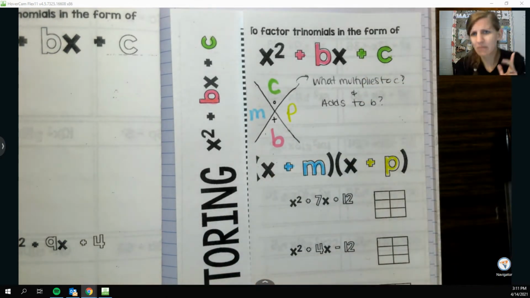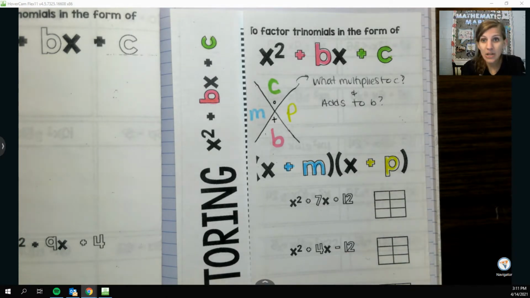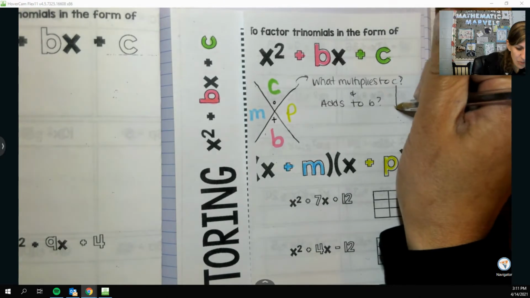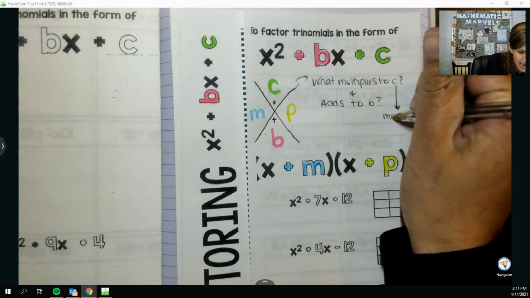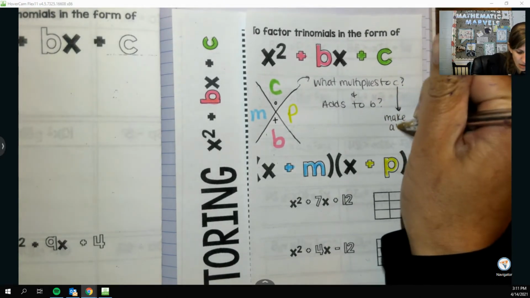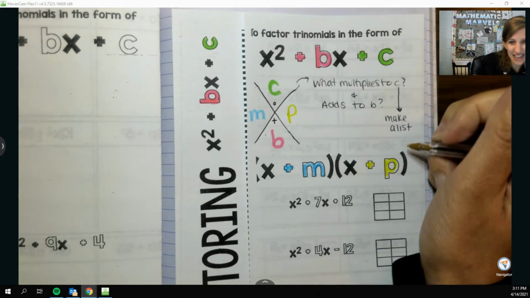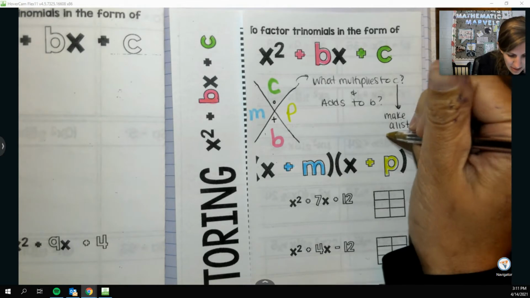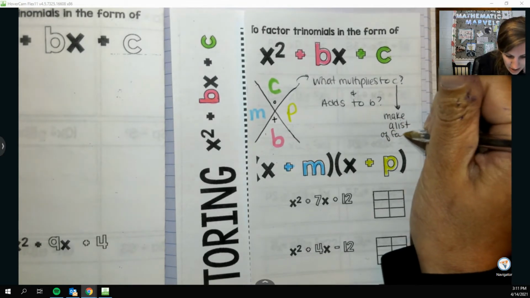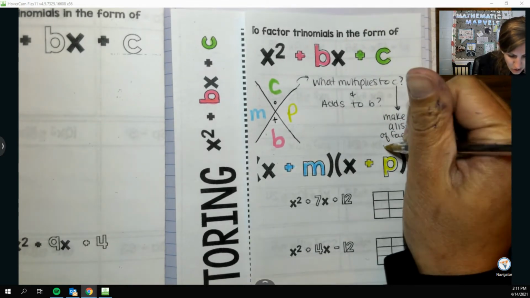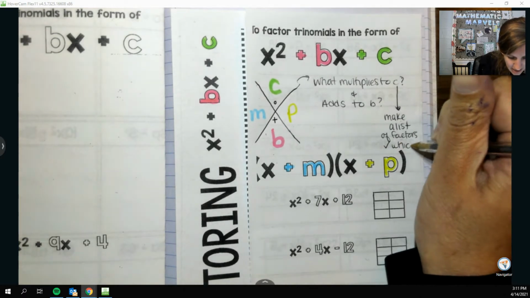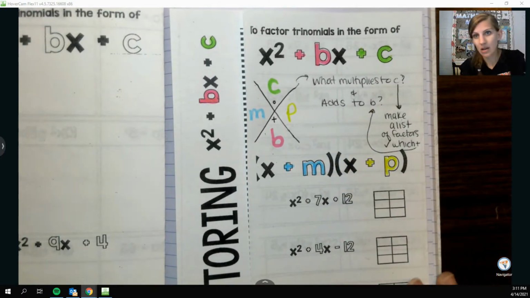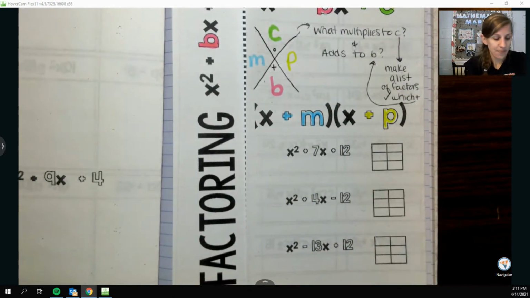I'll do one with numbers because it's kind of weird with letters, but I do want to make a couple of notes here. Firstly, if I can't think of what multiplies to C, make a list, and then check it twice to see which ones will add. So make a list of factors. Check which add to B.